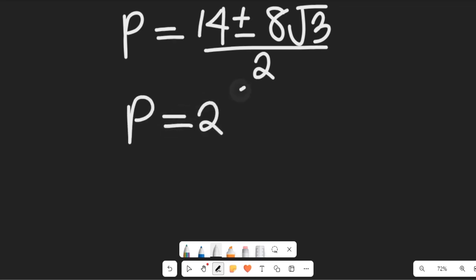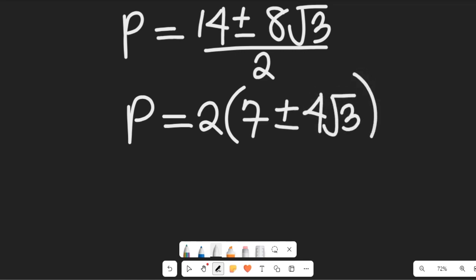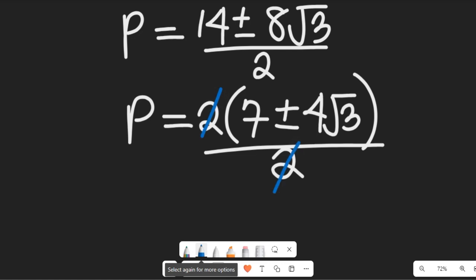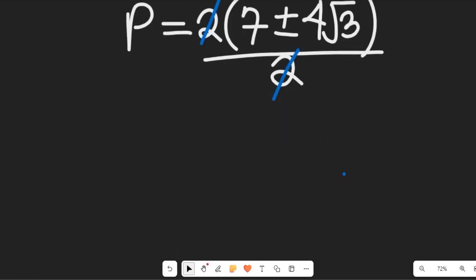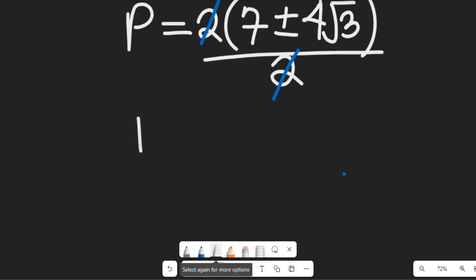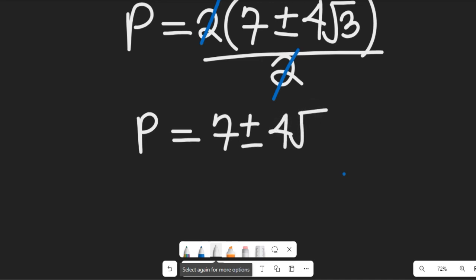If we bring out 2, 14 divided by 2 is going to give us 7, right? Plus or minus 2 will give us 4 root 3, right? 8 divided by 2 will give us 4, and this will be divided by 2. That way, 2 can cancel out 2, and then we'll have our p equal to 7 plus or minus 4 root 3. And that is the value for p.